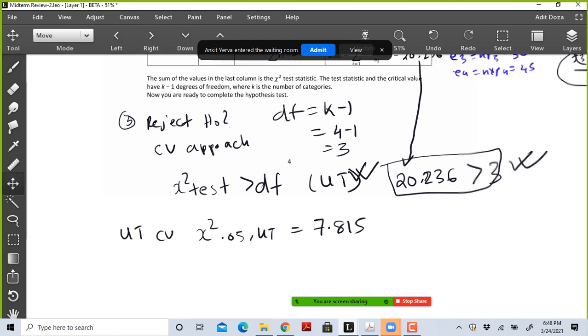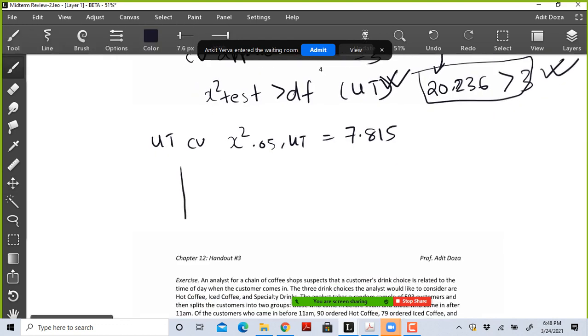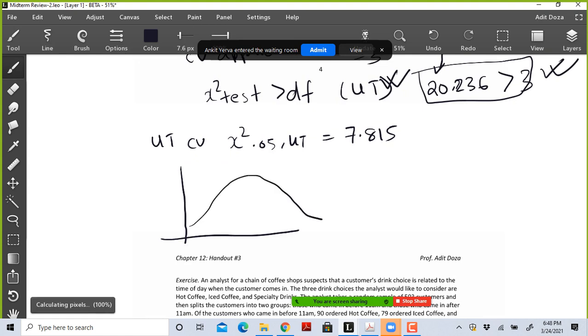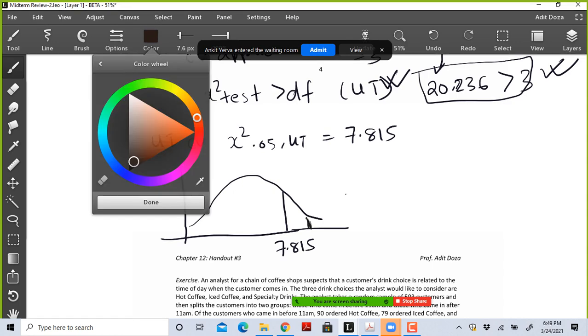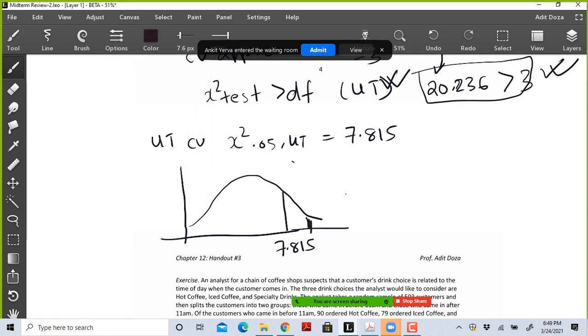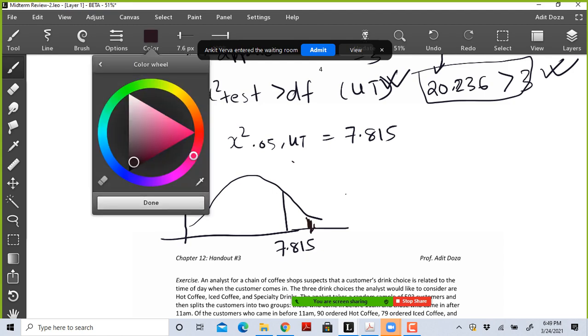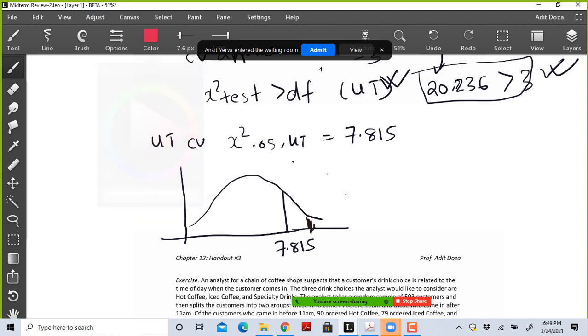So let's draw the diagram for the critical value. Upper tail is here, 7.815. And what is our test statistic? 20.236.